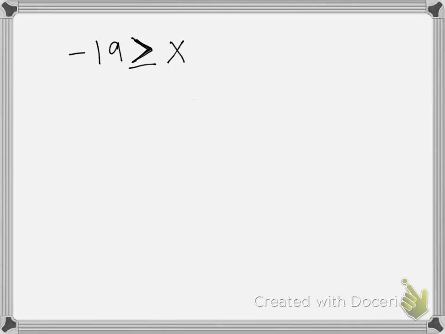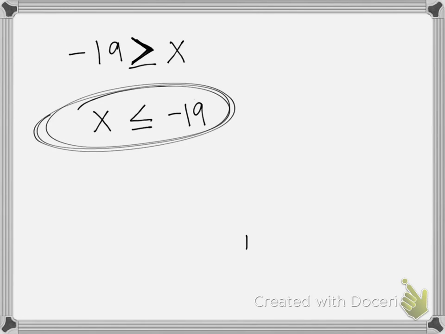Let's say we did all of our work, and then this was our answer. We cannot graph this because this is kind of hard to understand. We're saying negative 19 is greater than or equal to a number, right? That's kind of hard to write down on a number line. So what I want you guys to do is to flip your numbers and then flip your sign. So we would flip negative 19 and x, and then instead of greater than or equal to, we're going to have less than or equal to. And now this is better to understand.